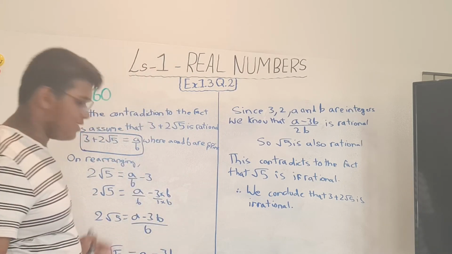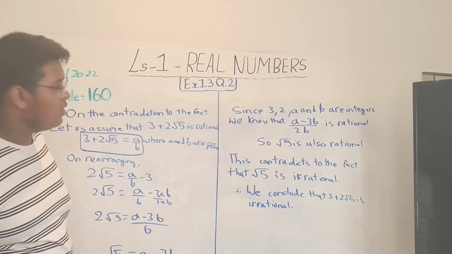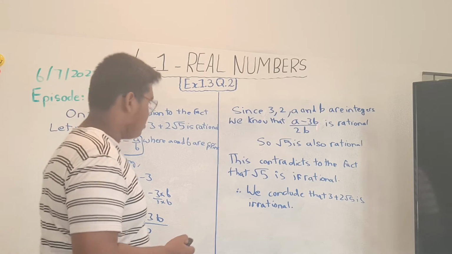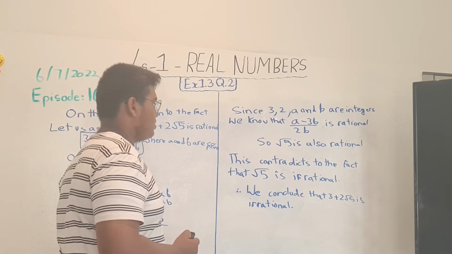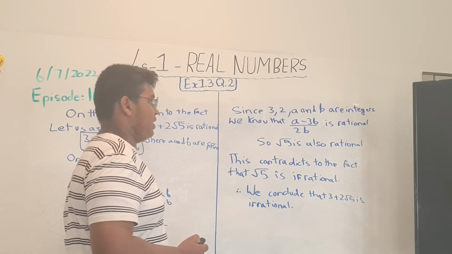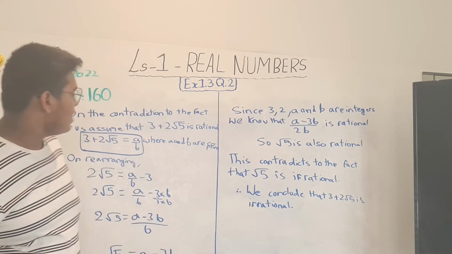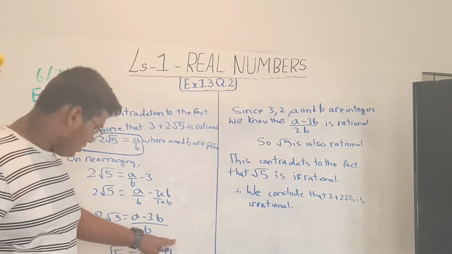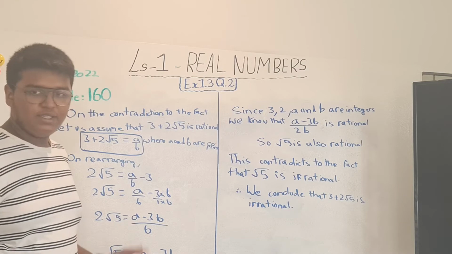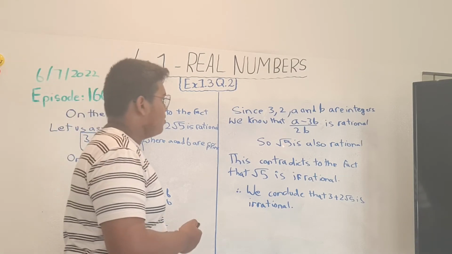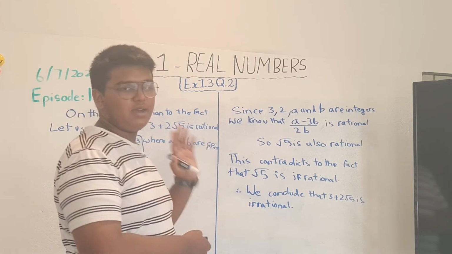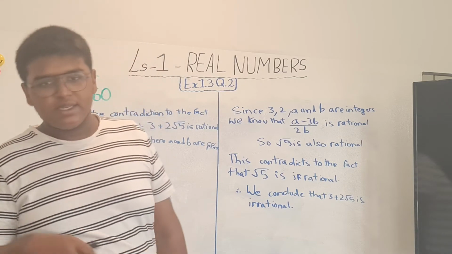Okay, this was the explanation of how we can do it. Then we have to write the conclusion. So the conclusion is: since 3, 2, a and b are integers, we know that all these terms are integers, right? So we can say that they are rational, because they can be written in the p by q form.